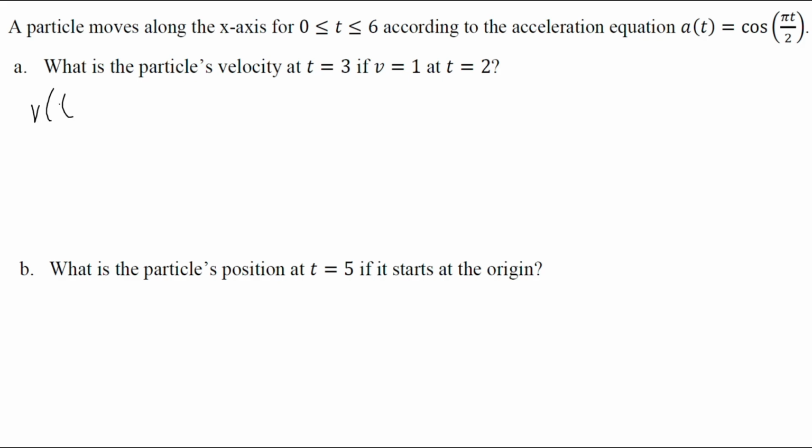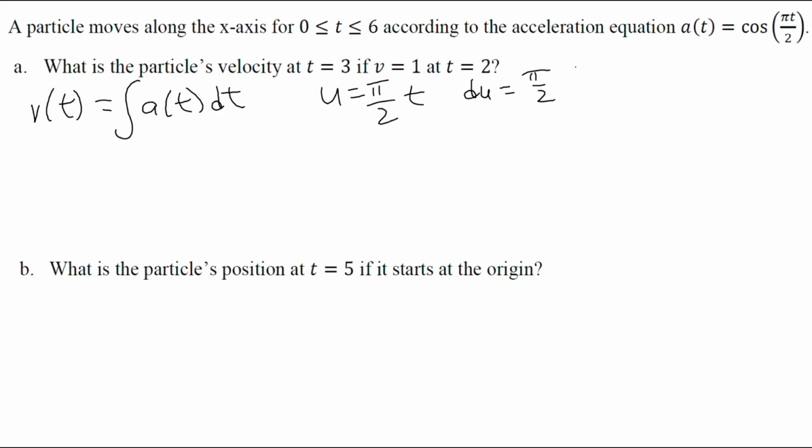To find the velocity function, we're just going to integrate the acceleration function. And so to integrate the cosine of pi over 2 times t, we're going to let u equal pi over 2 times t, so that du is just pi over 2 dt.